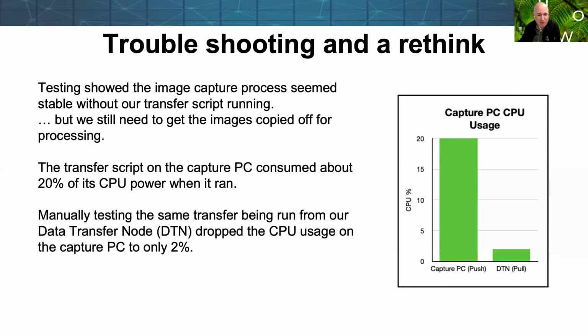We used a machine in the middle to pull those images off. It was doing the CPU load of working out what files to copy, and the capture PC just had to do the file transfer side of things when it got asked for a file. And that dropped its CPU usage down quite considerably, to about 2%. Obviously, the CPU on the DTN was doing the rest of it, but that wasn't a big issue because its CPU was mostly idle.